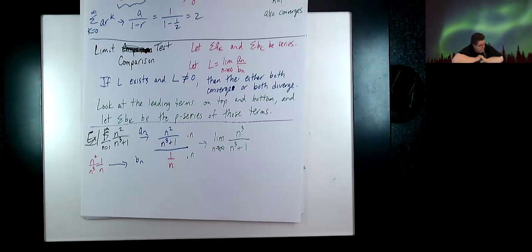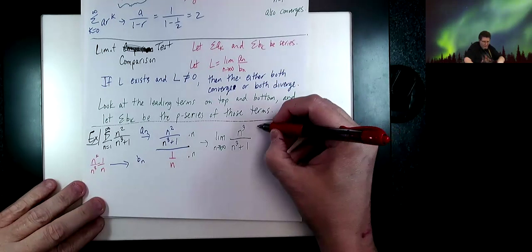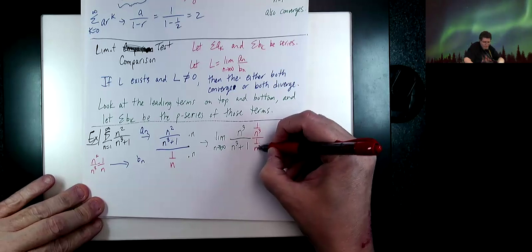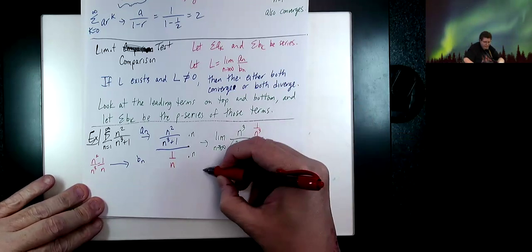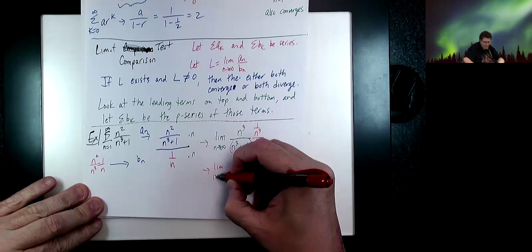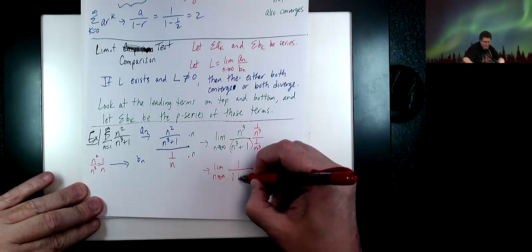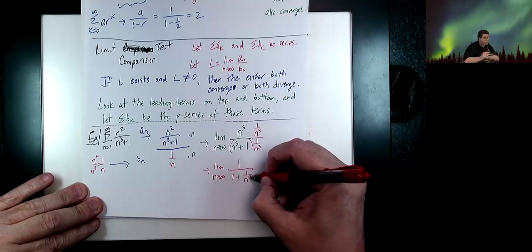The bottom becomes 1 and we don't have the complex fraction anymore. Here, multiply top and bottom by 1 over n cubed. Limit as n goes to infinity of 1 over 1 plus 1 over n cubed.